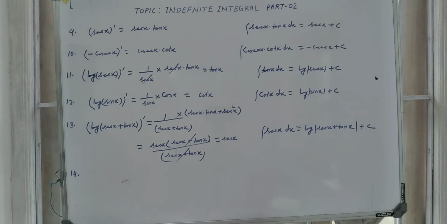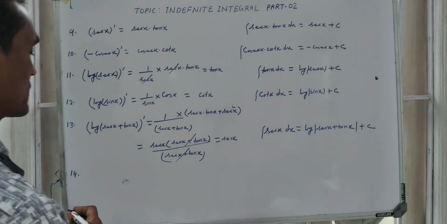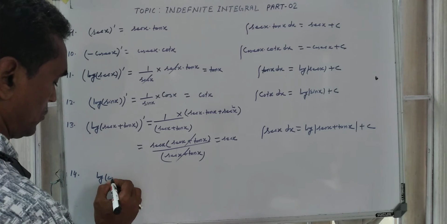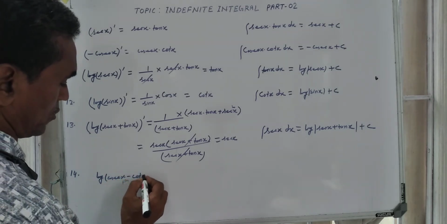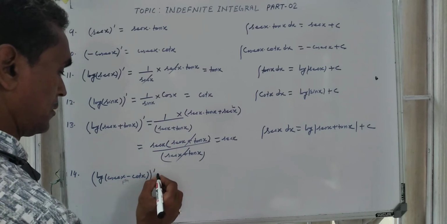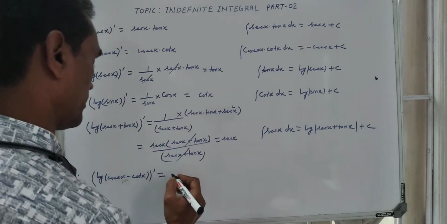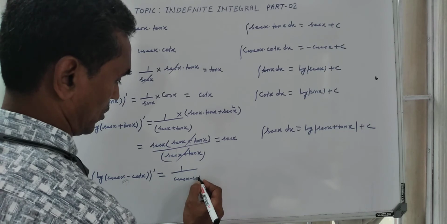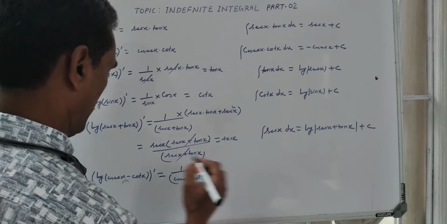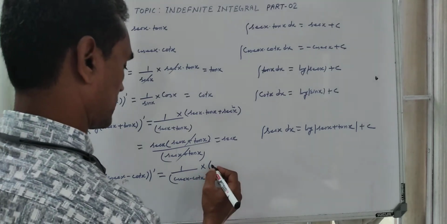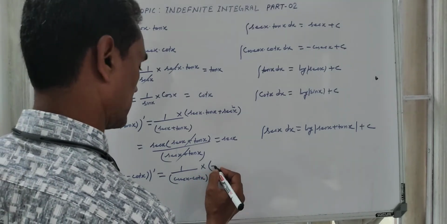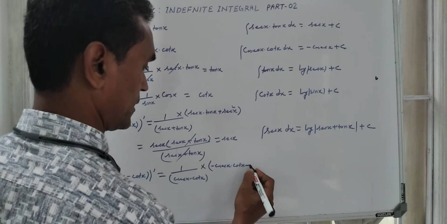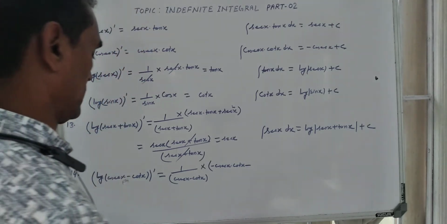14th, log of cosec x minus cot x. Derivative of this, again in the similar way, we find 1 by cosec x minus cot x into derivative of cosec x, minus cosec x into cot x, and minus derivative of cot x.